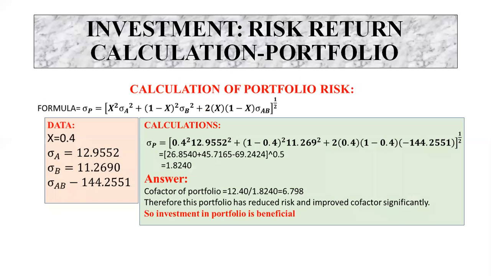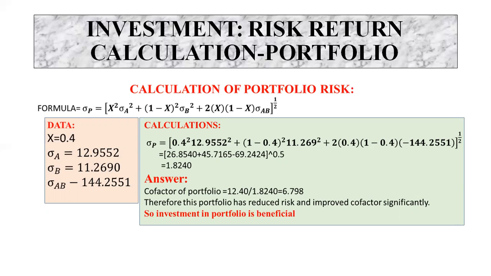Next calculation is portfolio risk. For that, we require the standard deviation of securities A and B, the covariance, and the proportion of X, which is 0.4. So again, we apply these results into the formula of portfolio risk, and our result is 1.8240.